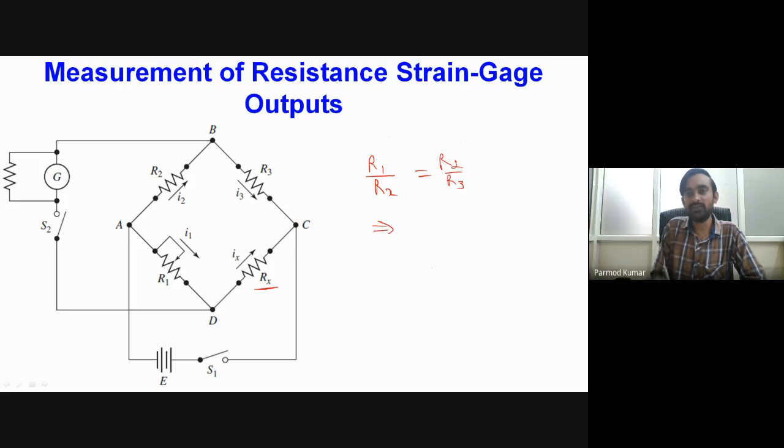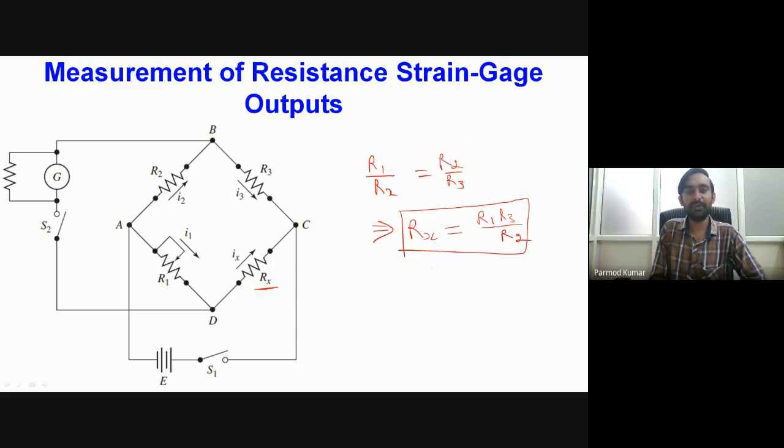Because the other resistances R2 and R3 are known, and R1 is variable but we know its value, I can determine the unknown resistance Rx as equal to R1 into R3 divided by R2. This condition is only applicable when the bridge is completely balanced.